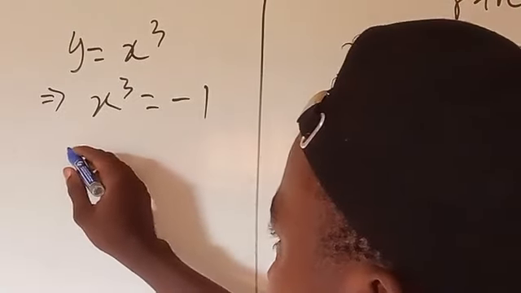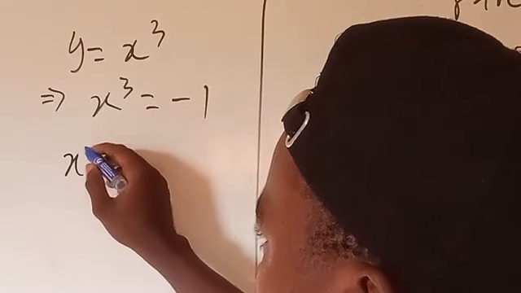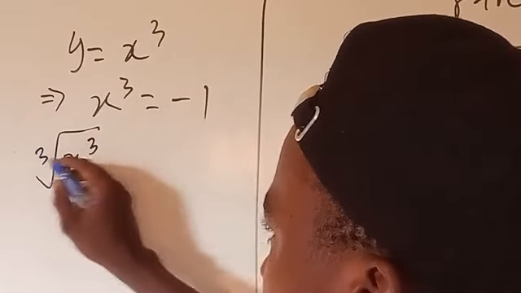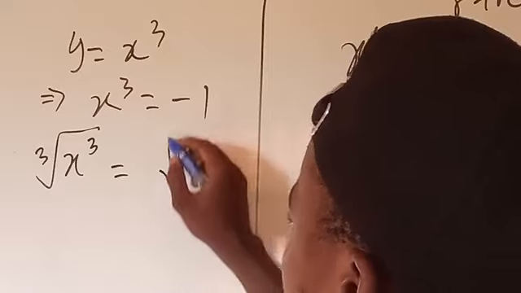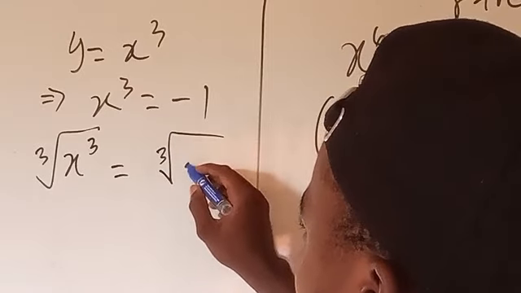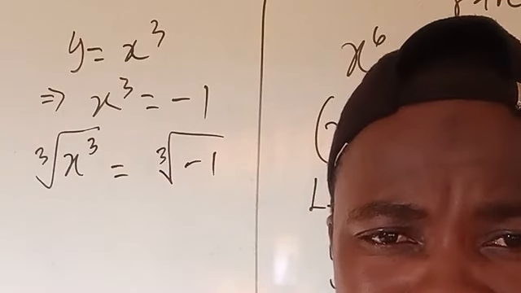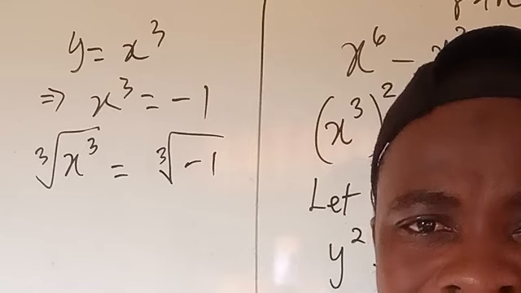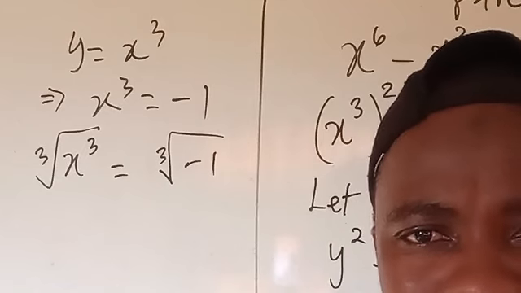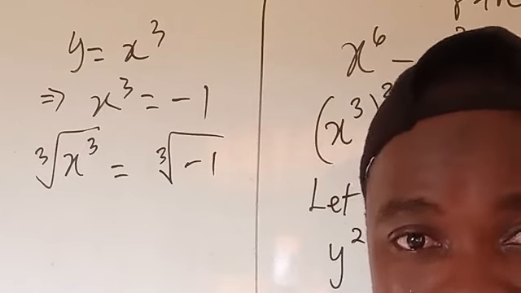So we have the cube root of x to the power of 3 equals the cube root of minus 1. If you want to know the cube root of minus 1, it means which value multiplied by itself 3 times will still give us minus 1.